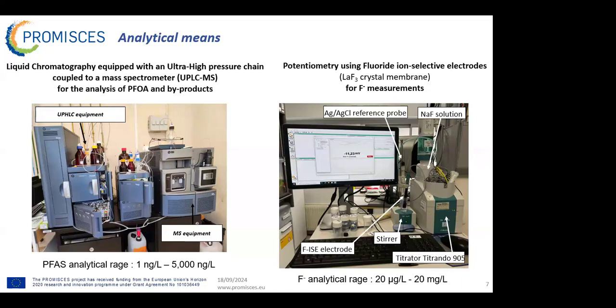We also use potentiometry with a fluoride ion selective electrode for F- measurement. For F-, we are able to quantify it in the range from 20 micrograms per liter to 20 milligrams per liter.